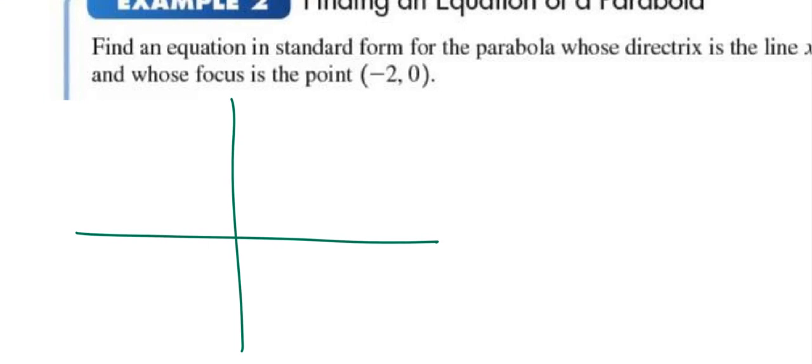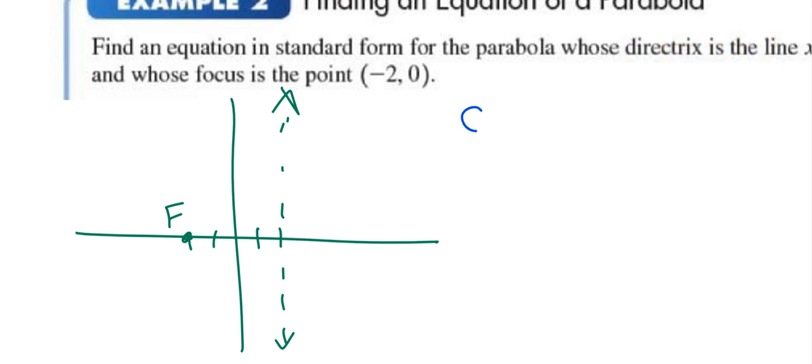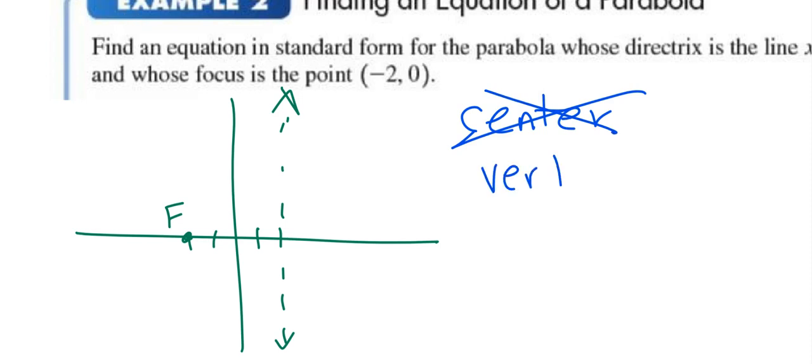Okay, so we've got -2, 0 for the focus. What's my directrix? What's the center? None. What's the vertex? The vertex is 0, 0.